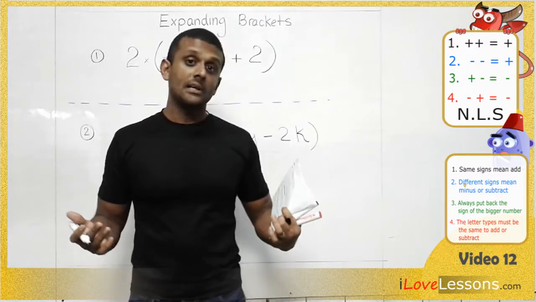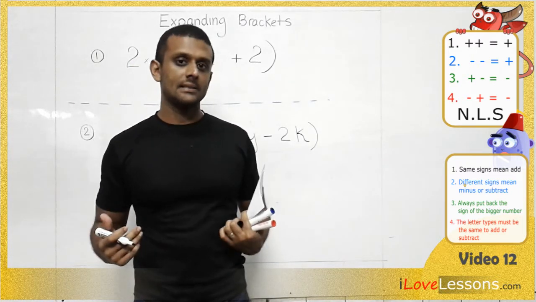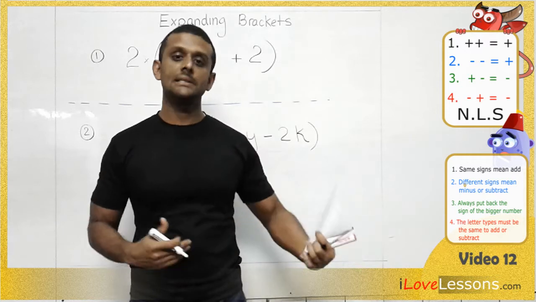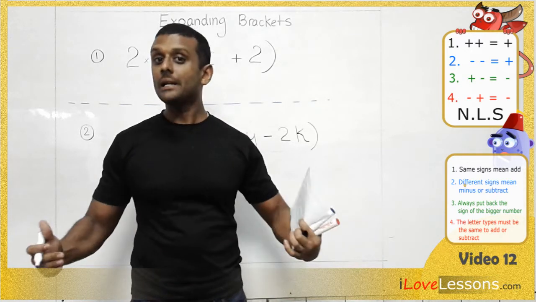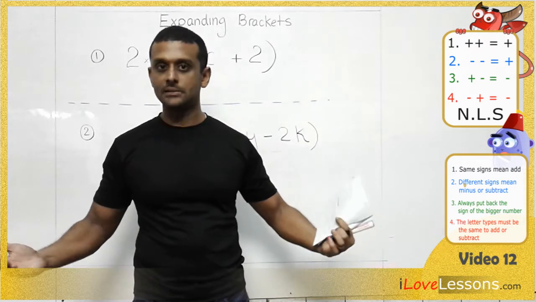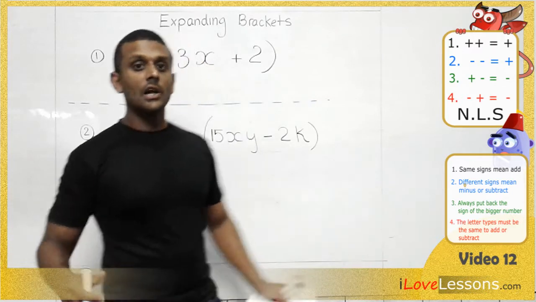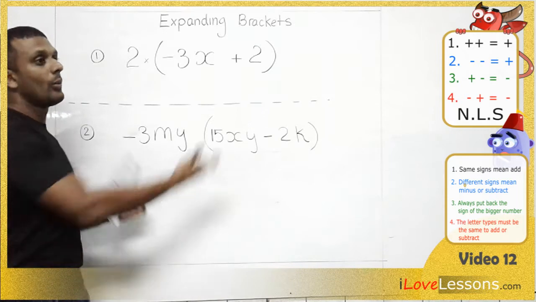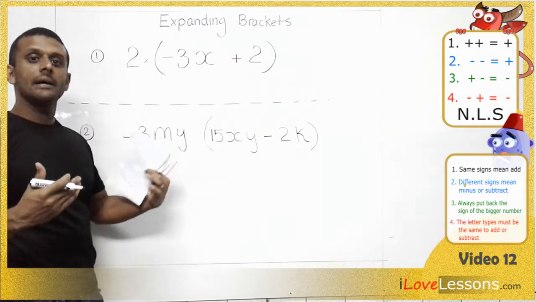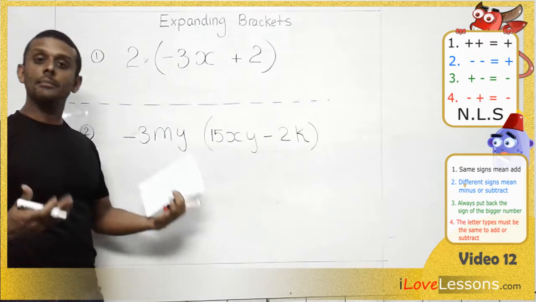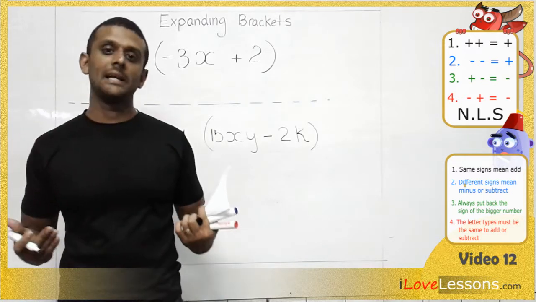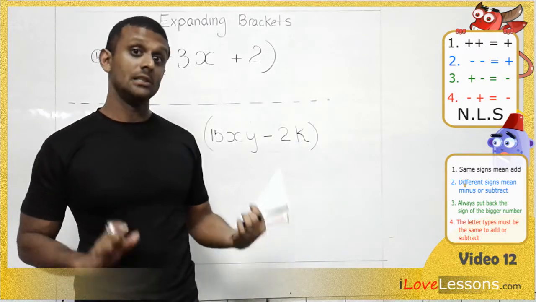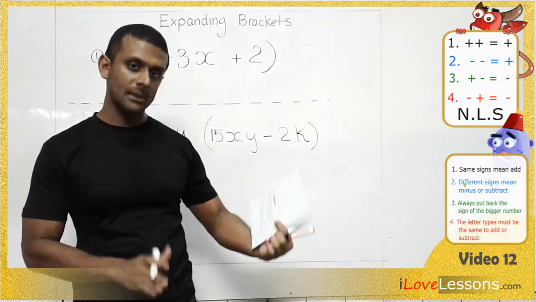Not all examiners would put in that multiply sign, so I suggest that you put it in if it's not there, to remind you that it's a secret multiplication. Since it's a multiplication type of question, we can use the NLS rule. Remember, NLS is used for multiplication and division, not addition and subtraction.